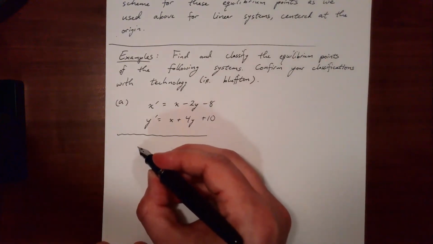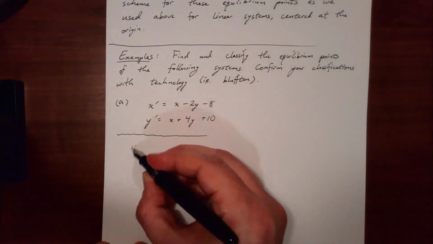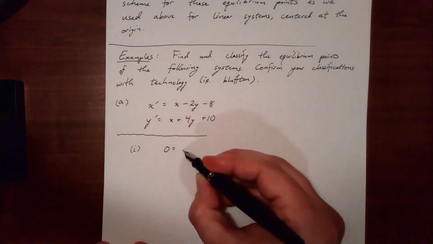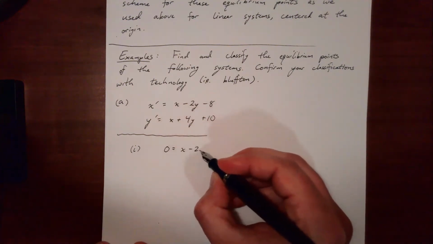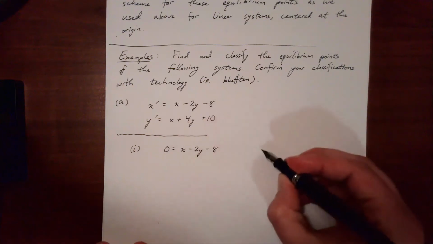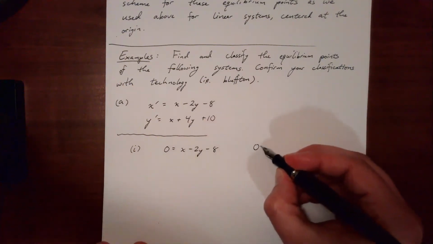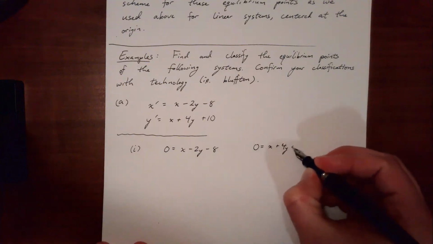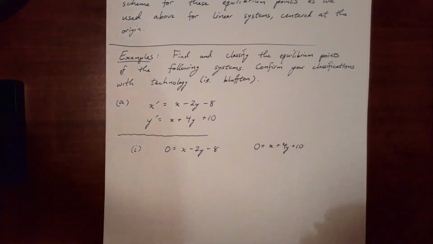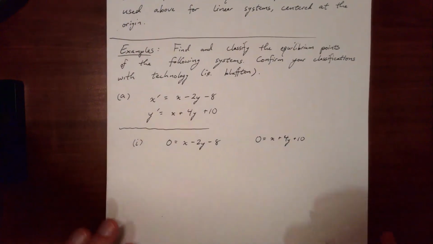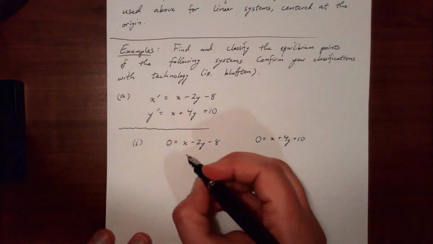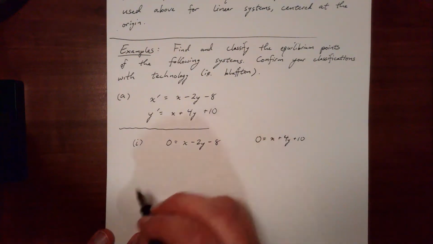Okay, so first we need to find the equilibrium points. So 0 equals x minus 2y minus 8, and 0 equals x plus 4y plus 10. To solve this system of two equations in two unknowns, substitution would be a perfectly reasonable thing to do.